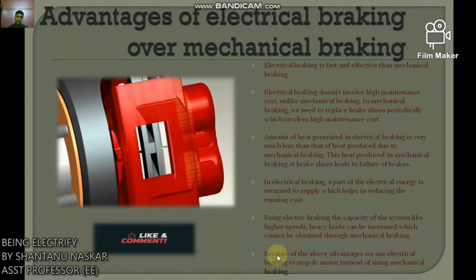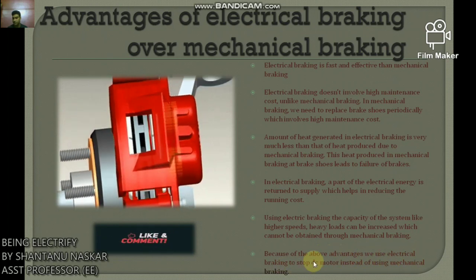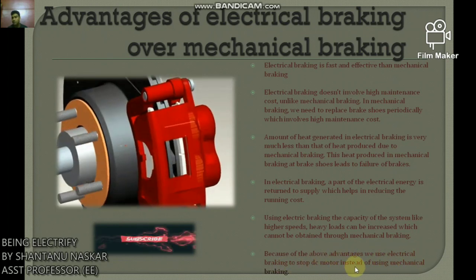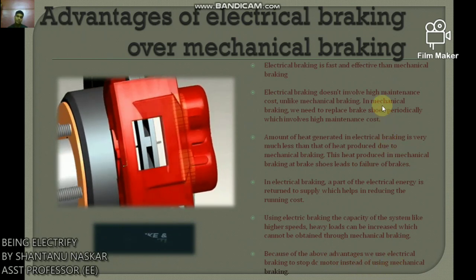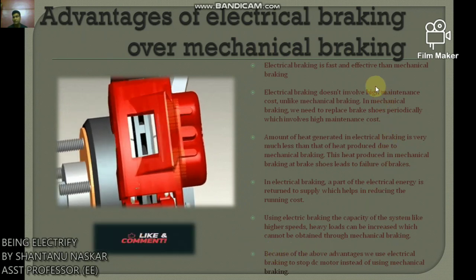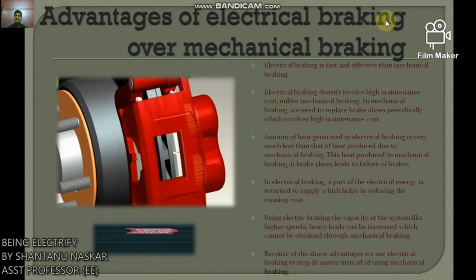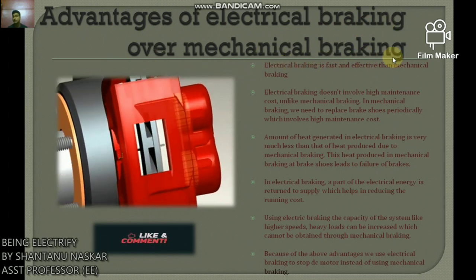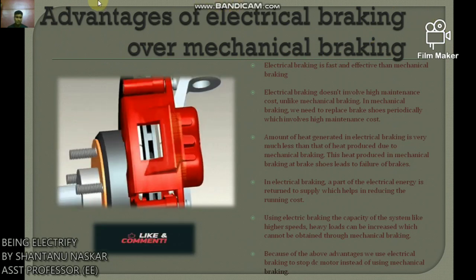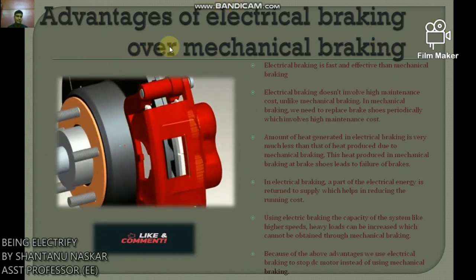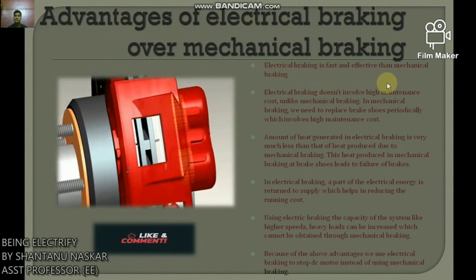And the last, because of the above advantages, we use electrical braking to stop DC motor instead of using mechanical braking. So now you have understood why we use electrical braking over mechanical braking. This question may arise in our exam: why do we need electrical braking over mechanical braking?